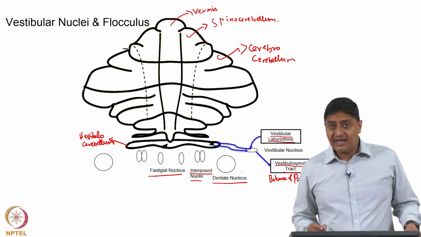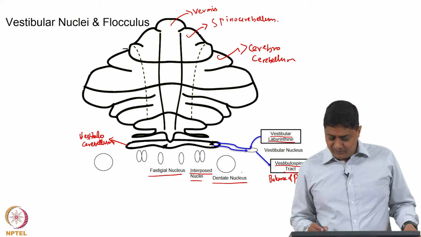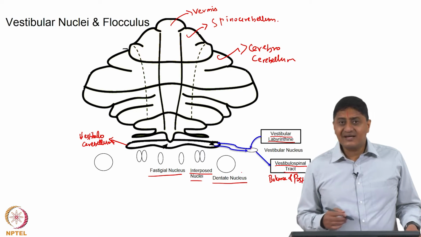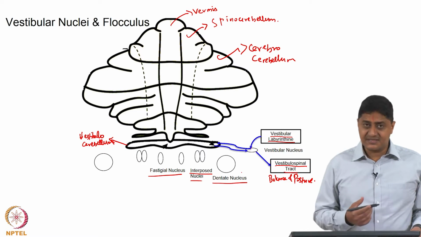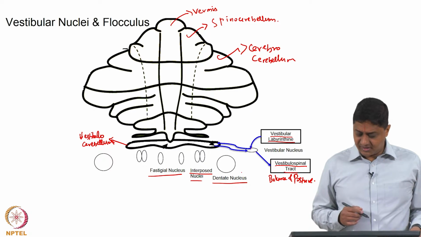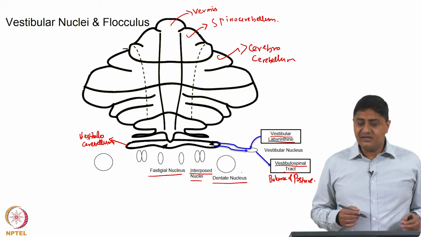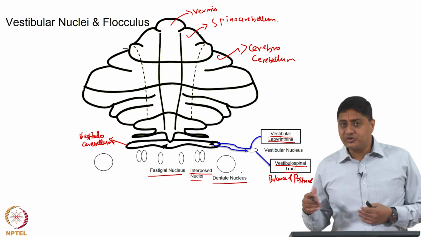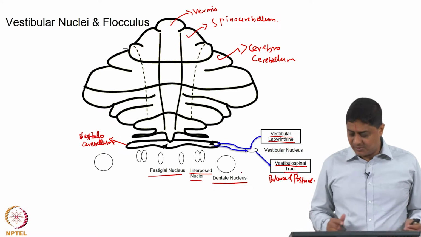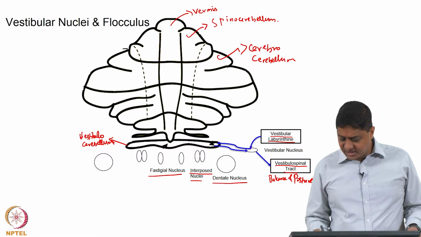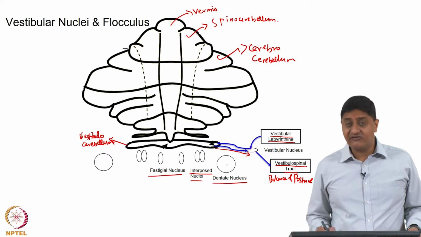But in the case of vestibular cerebellum, flocculonodular lobe acts similar to the cortex, but it does not project to an output nucleus that is within the cerebellum, but rather it projects to the vestibular nucleus itself.